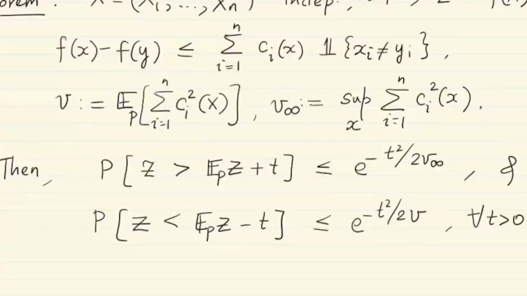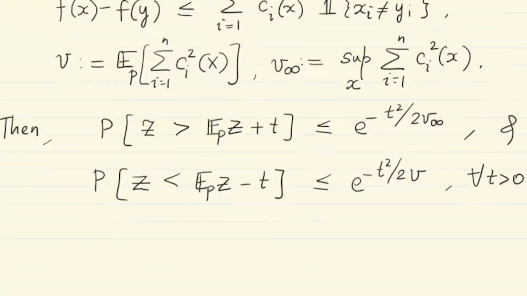So this is the content of this beyond bounded differences kind of result, for which the transportation method comes in very handy, as we will see.